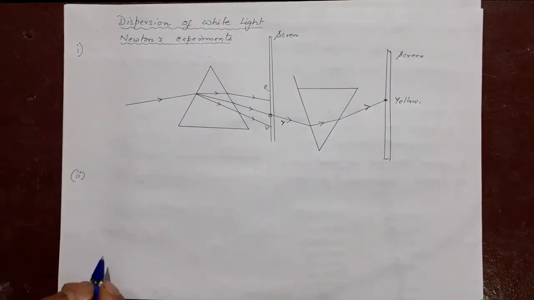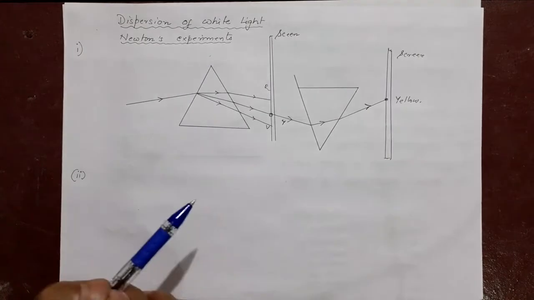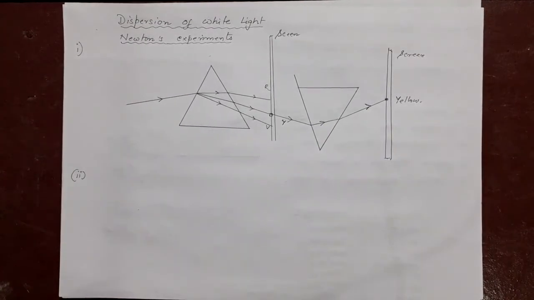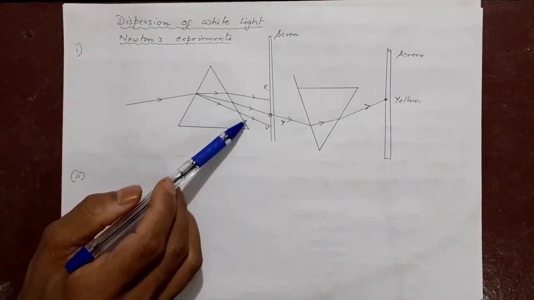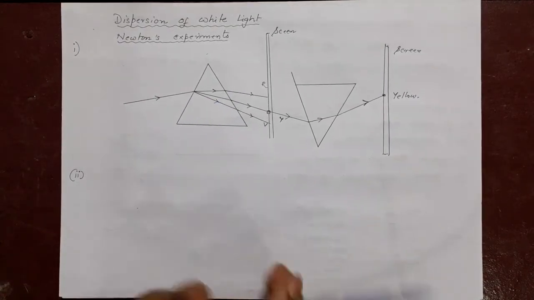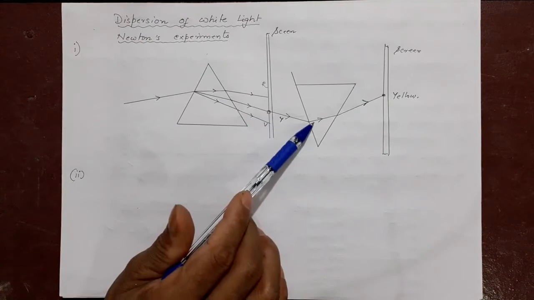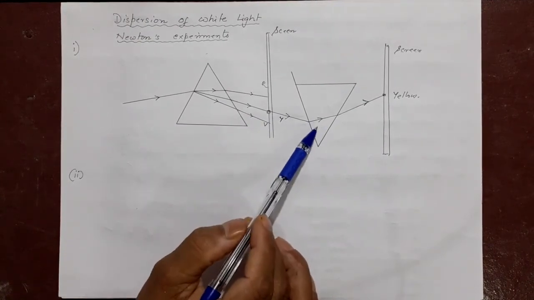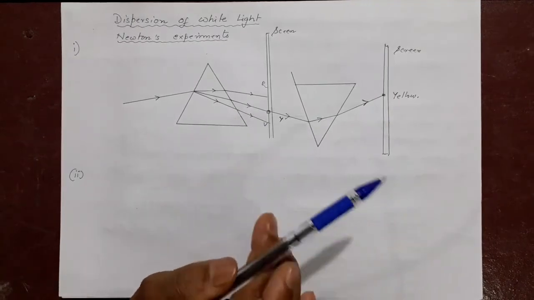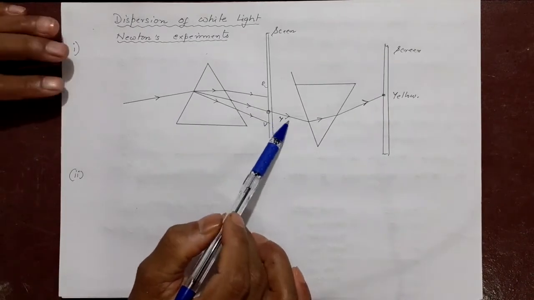That means what? That means the prism has not done anything. This prism also has not done anything. The light has that property. Light has inside all the colors, and only the yellow color has come out from here. And if the prism was doing something, it would have made again 7 different colors, but it was not doing. This time only the yellow color given, yellow color coming out.